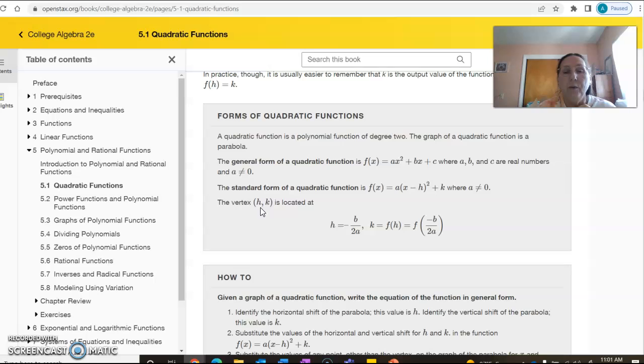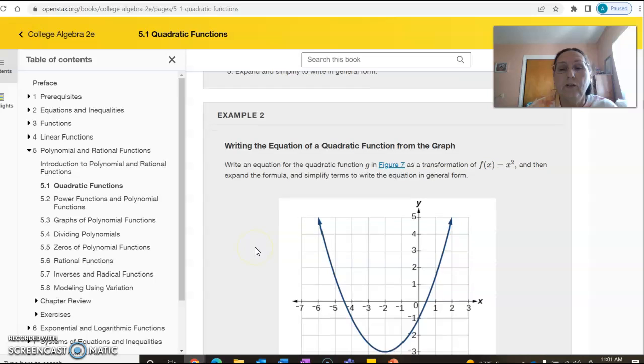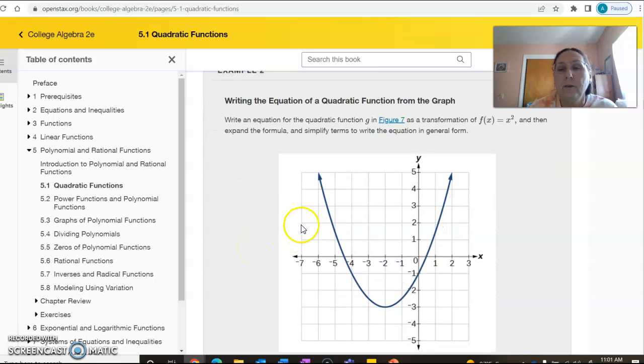So we're going to go through this, and then we can figure out different parts of the equation. So here's write an equation of the function of the graph, from this graph. Okay, so we're just going to be reading graphs.